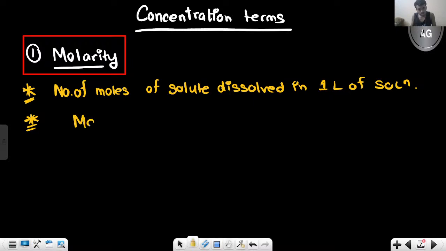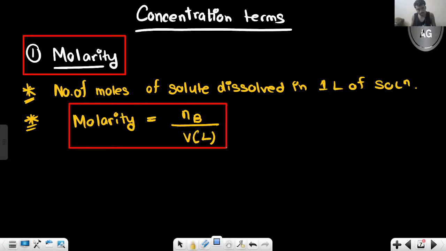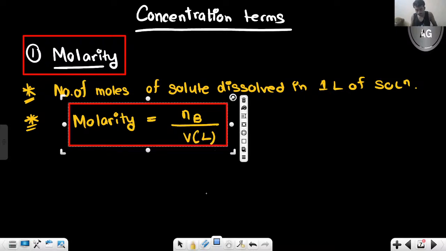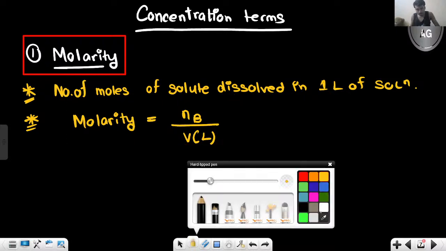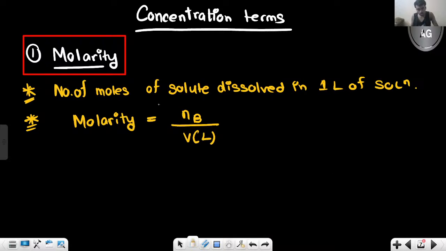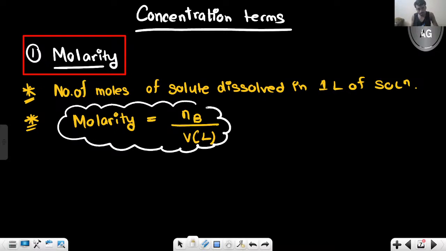So number of moles dissolved in 1 liter of solution is called molarity. Molarity's basic formula is n_B divided by volume in liter. This is the first important formula.